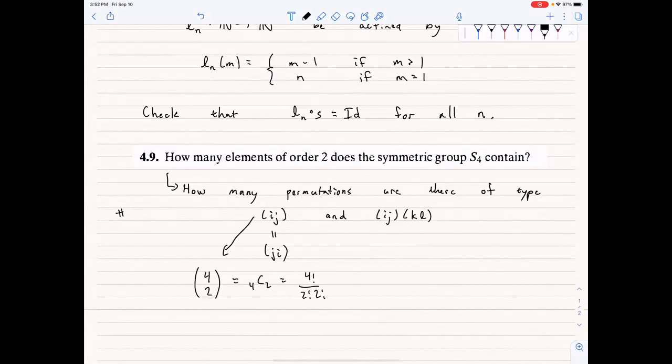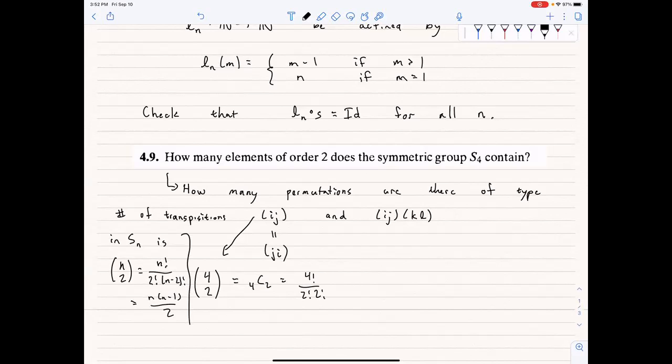The number, incidentally, of transpositions in S_n is n choose 2, which is n factorial over 2 factorial times (n minus 2) factorial, or if you want, n times (n minus 1) over 2. So 4 times 3 over 2 is 6. So there's 6 of these.